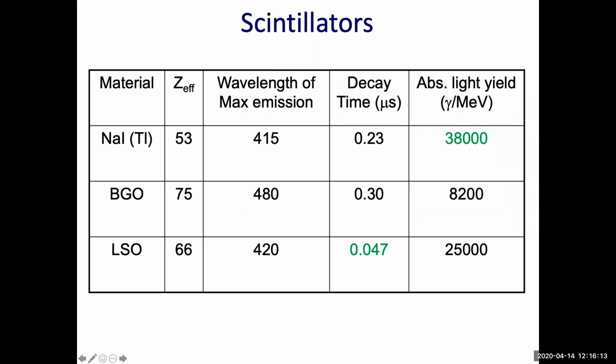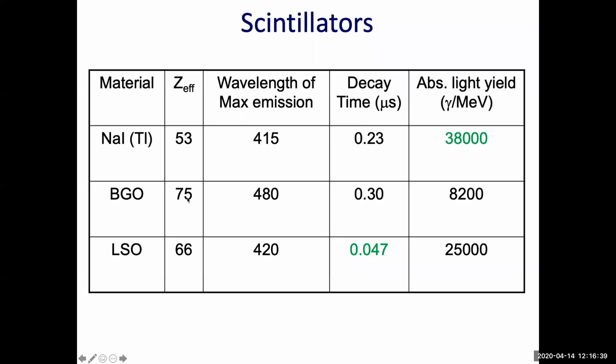This table summarizes the properties of a number of scintillators of interest for nuclear medicine application. Here we have sodium iodide used in gamma camera, and BGO and LSO used in PET scanner. We see the yield is very good in sodium iodide, but LSO is faster. That's why you use it in PET and time of flight PET.